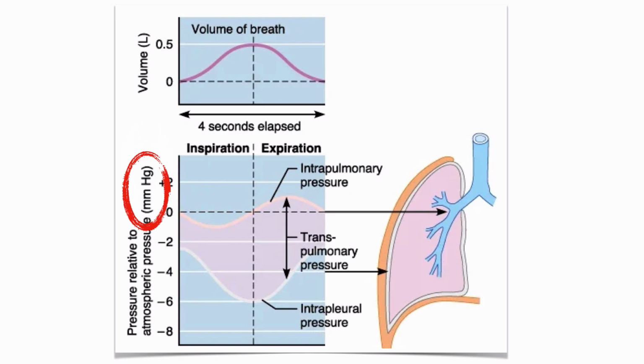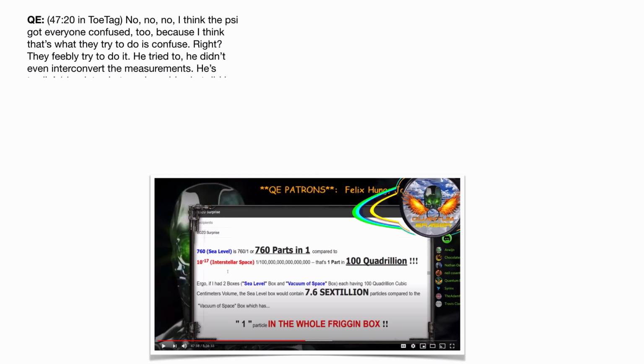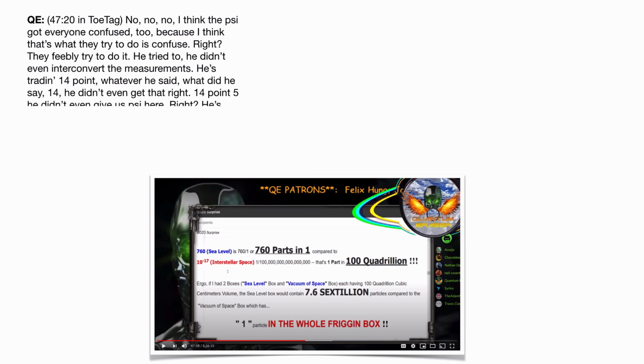Torricelli was a pioneer. No. I think the PSI got everyone confused too, because I think that's what they try to do is confuse, right? They feebly try to do it. He didn't even interconvert the measurements. He's treating 14 point, whatever he said. What did he say? 14. He didn't even get that right. 14.5.